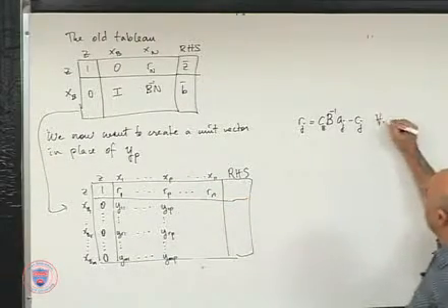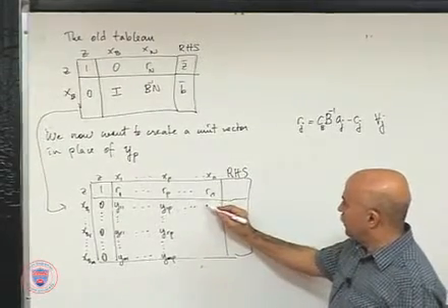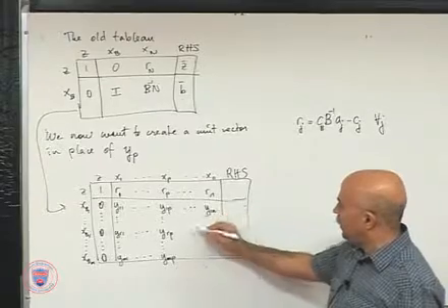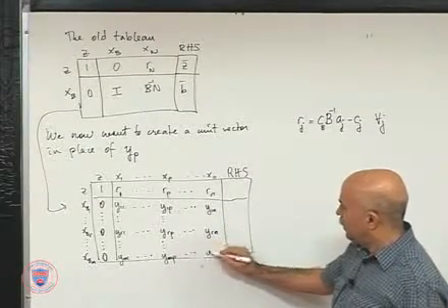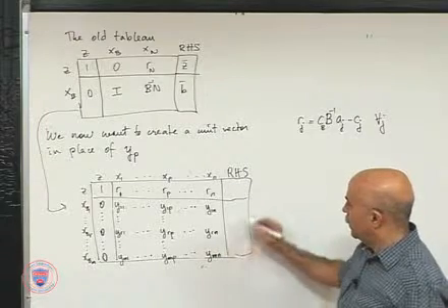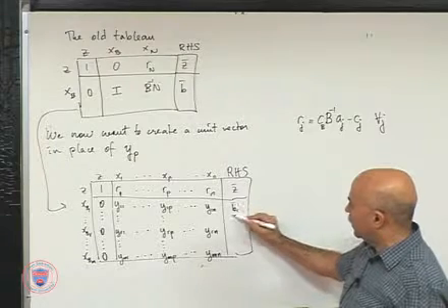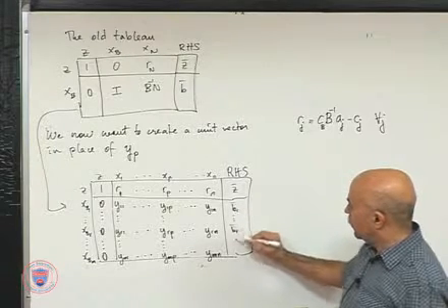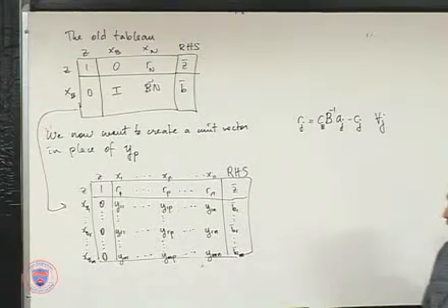This is for all j, by the way. Okay. And what do we have here? Y1n, YRn, YMn. And then on the right side, we have Z bar, B1 bar, BR bar, BM bar. Okay, that's what we have.